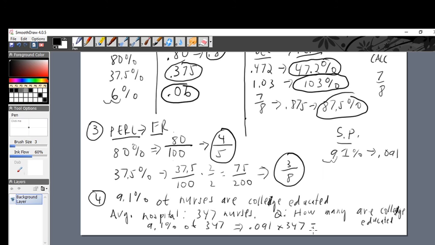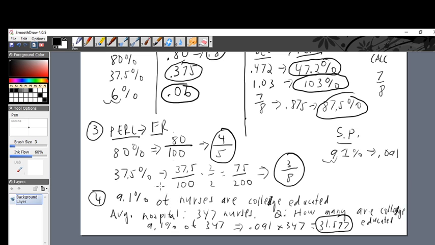Now, I'm not using a calculator, I'm just looking up the answer. The answer is 31.577, but you use a calculator. 0.091 times 347, you should get 31.577, at least rounded to the third decimal place. And there is our answer for this problem.